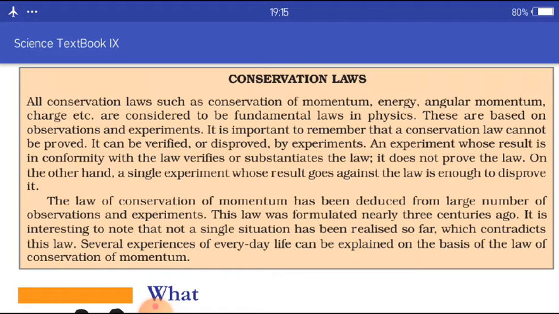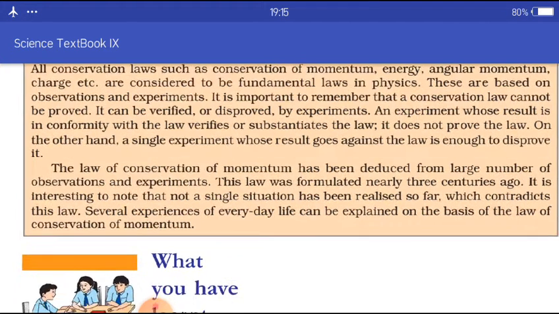It can be verified or disproved by experiment. An experiment whose result is in conformity with the law verifies or substantiates the law. It does not prove the law. On the other hand, a single experiment whose result goes against the law is enough to disprove it.